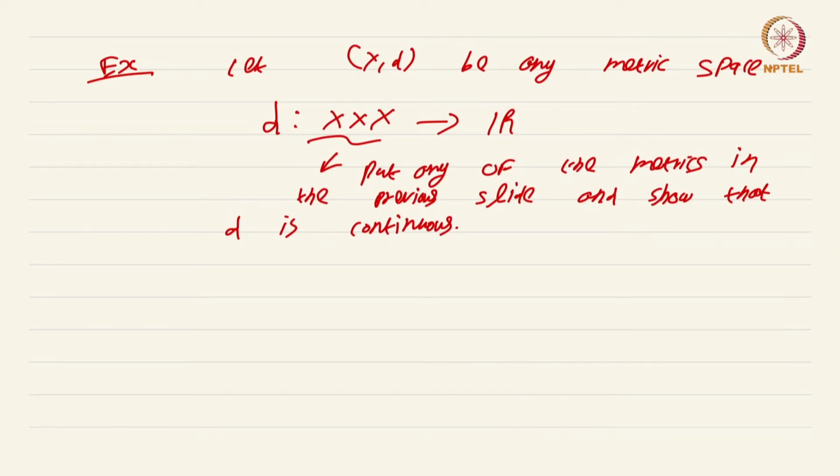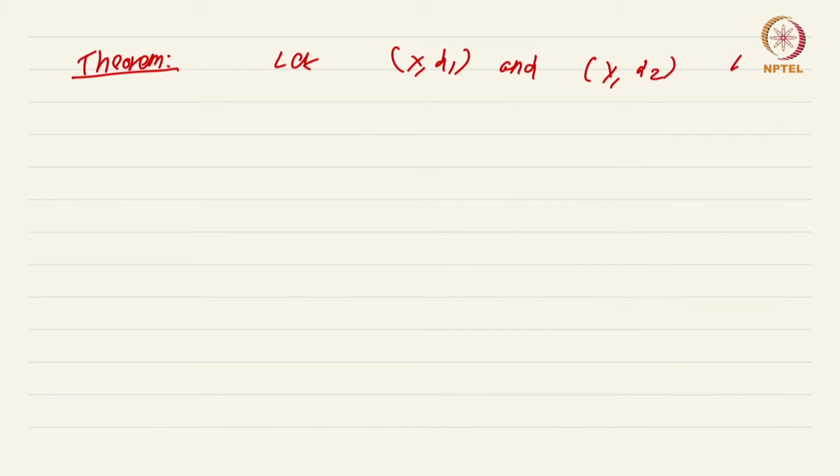Now we come to the central theorem of this short video. It is essentially saying that the choice of metric doesn't matter, at least from the topological perspective. So here is the theorem. Let (X, d1) and (Y, d2) be two metric spaces.